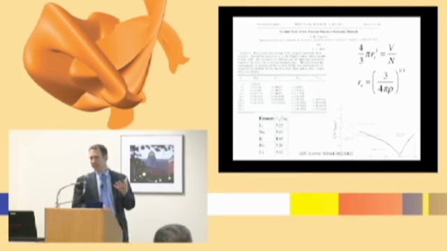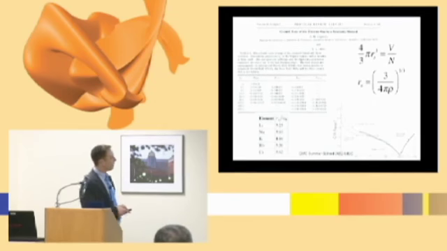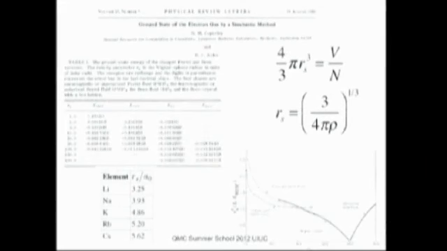It's the radius of a sphere that would have one electron in it, in Bohr radii. And they had this curve as a function of density. So as you go up in rs here, you're going to more and more diffuse systems. And just to give you an idea of different elemental metals, rs is on the order of 3 to 5 or something like that at zero pressure.